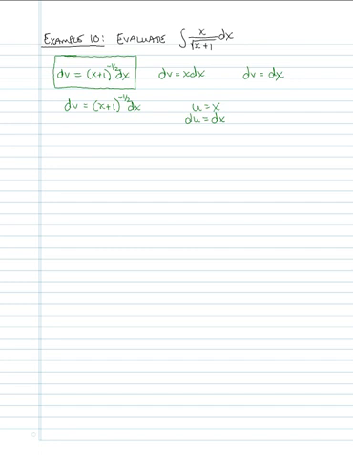The problem becomes a little bit calculating v. So v is the integral of (x plus 1) to the power negative 1/2 dx. Now, we can do this by substitution.